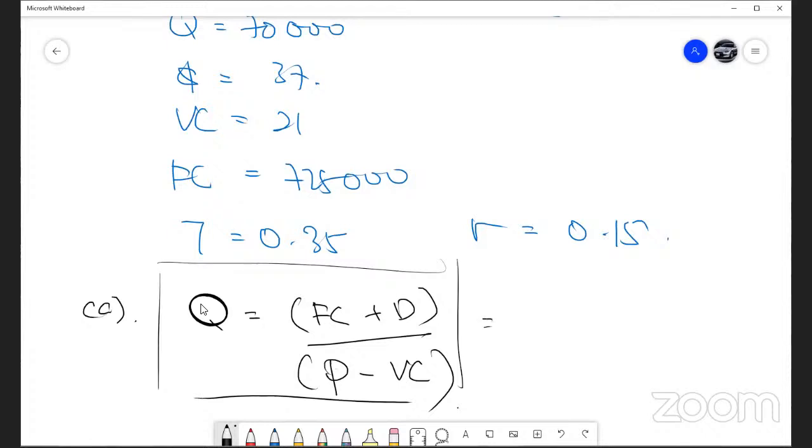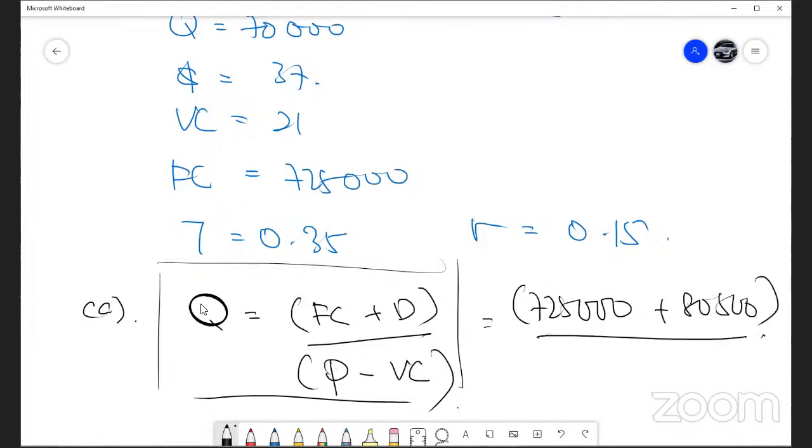Okay, so fill in the blanks. Fixed cost $725,000 plus depreciation 80,500. The price currently is $37. Your variable cost is 21. So this will give you an answer of 50,344.